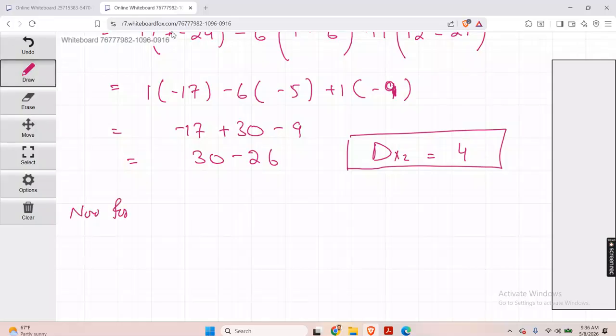Now for dx3, the first one will remain the same, 1, 1, 3, the second was 1, 0, 1, it will be the same. Now the last one will change with the constant matrix, 6, 7, 12.